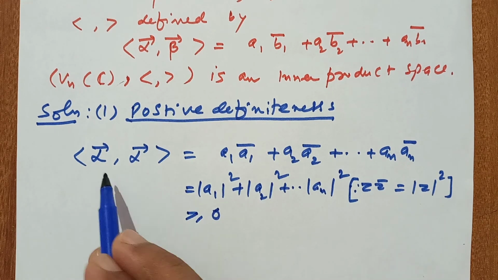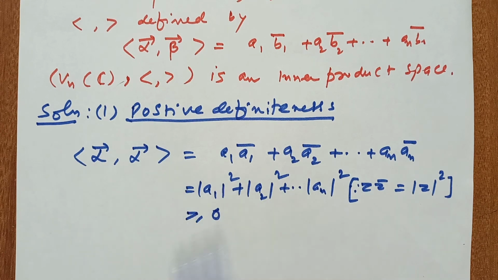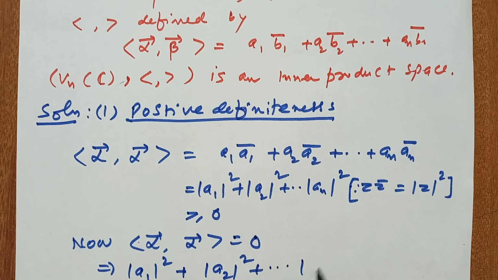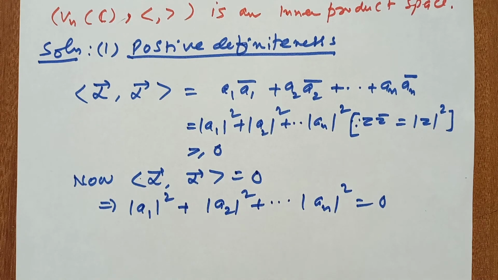Now if inner product of alpha, alpha equals 0, then we have to show alpha is equal to 0. So this implies mod a1 squared plus mod a2 squared plus mod an squared equals 0. Since the sum of these non-negative terms equals 0, each term equals 0. Separately, all the terms are 0.